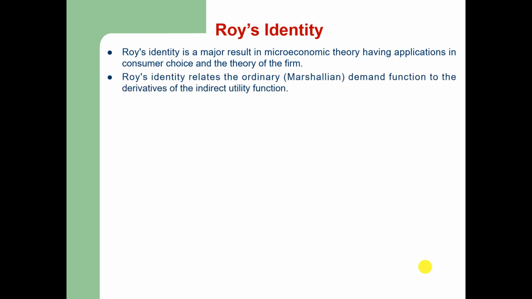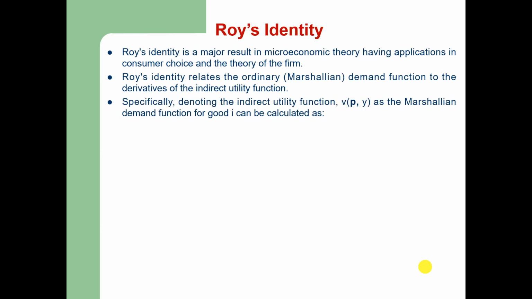This identity relates the Marshallian demand function to the derivatives of the indirect utility function, specifically denoting the indirect utility function by V of P and y, the Marshallian demand function for good i can be calculated as follows. x_i(P, y) is equal to the negative of the ratio of the partial of the indirect utility function with respect to p_i to the partial of the indirect utility function with respect to income.